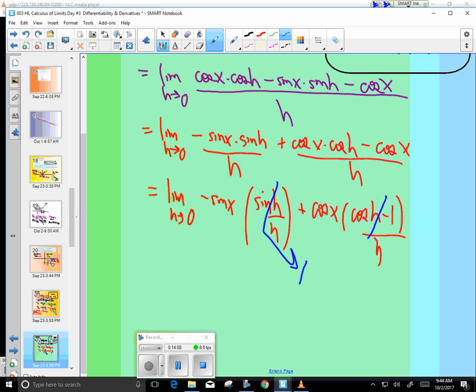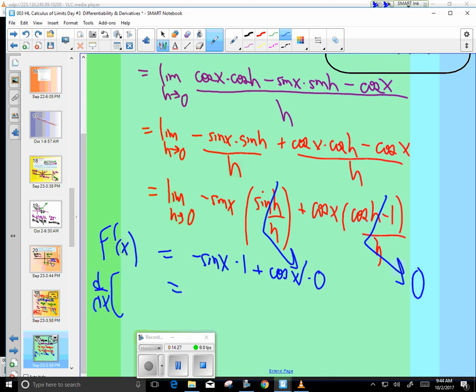And what does this go to? 0. So you're left with the derivative of the cosine is negative sine x times 1 plus cosine x times 0, which is the derivative of cosine is negative sine. How many got that?